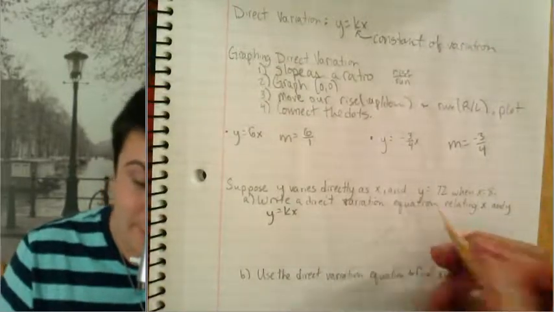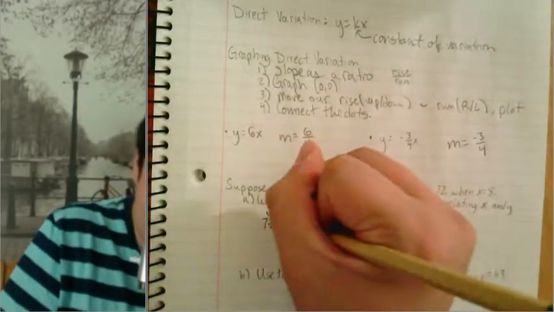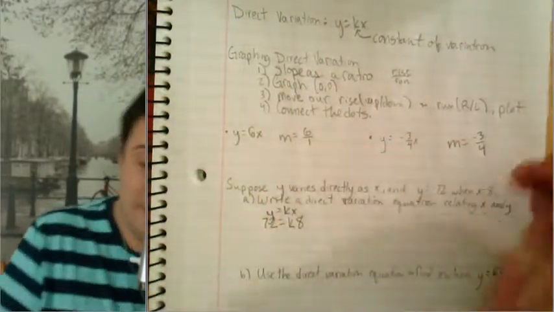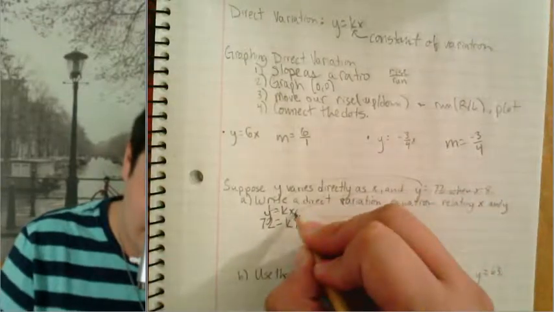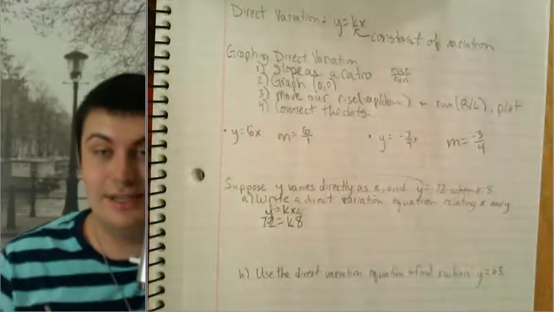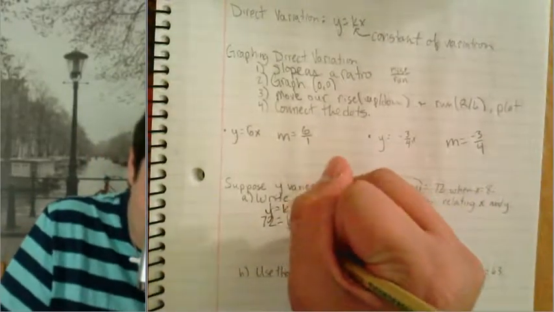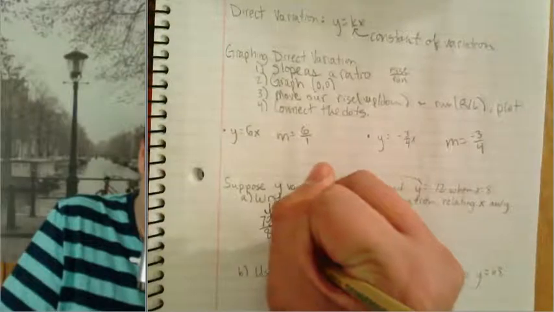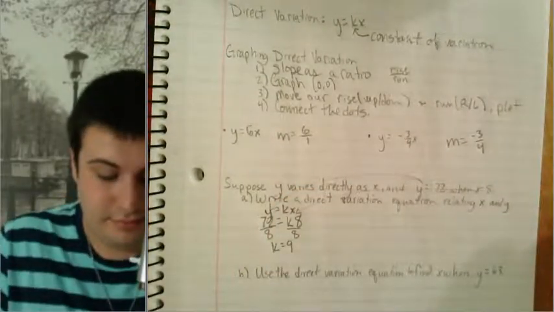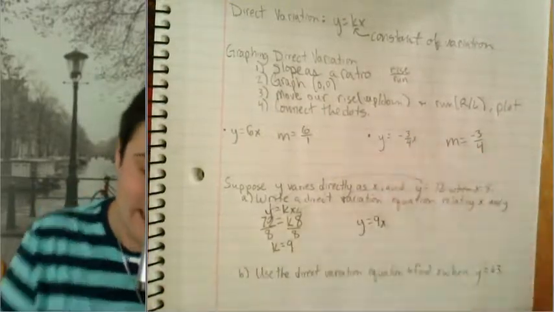Now, we know that y equals 72 when x equals 8, so I can plug in this y and this x. Now 72 equals k times 8. I need to find what k is, so I'm going to divide both sides by 8 and see that k equals 9. So now I know my direct variation equation is y equals 9x.